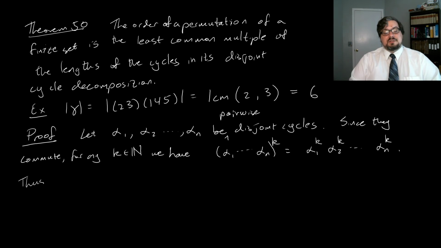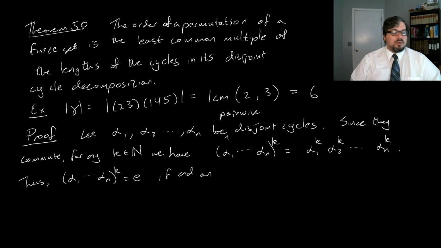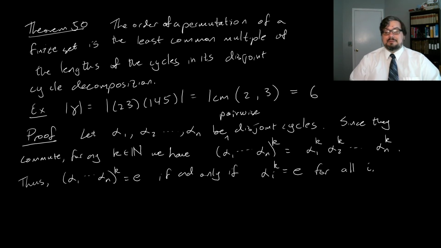So thus, (alpha 1 through alpha n) to the k is equal to the identity if and only if alpha i to the k is the identity for all i.